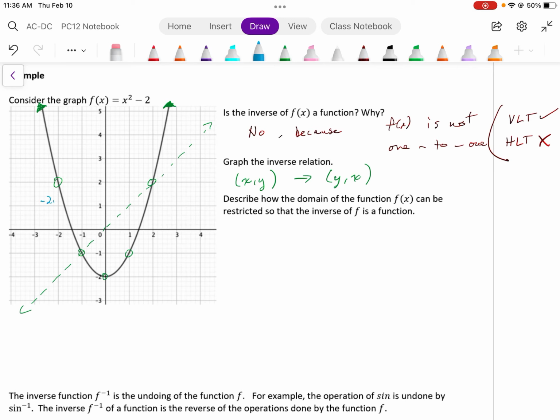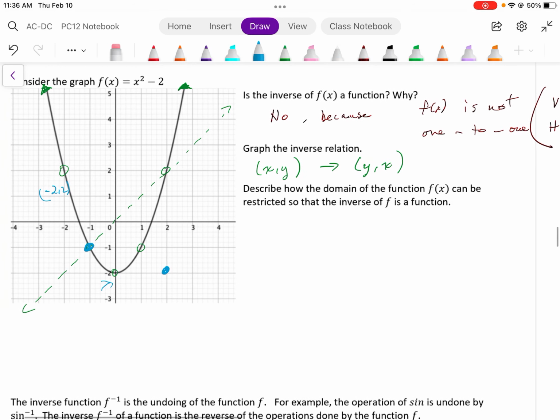I'm going to start off with negative 2, 2. Negative 2, 2 turns into 2, negative 2, and will be posted right there. My next point is negative 1, negative 1. If I switch the x and y's, it remains stationary. This point down here is 0, negative 2, which if you switch the x and y's as the mapping notation indicates, you'll end up with point negative 2, 0.